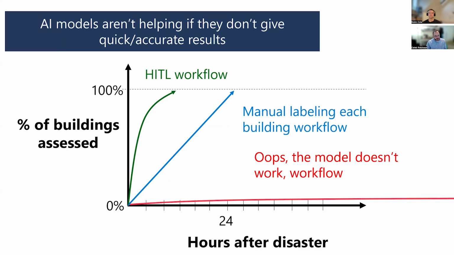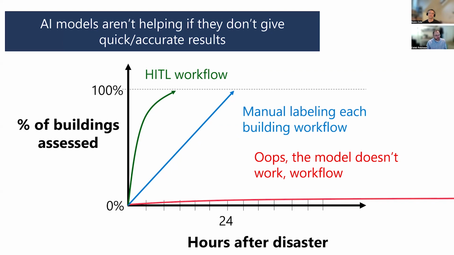When we started off with this work, we were trying to train models that would work under any conditions. And that really led us to this red line here, which is the model-doesn't-work workflow. You have this model, you get imagery from a new disaster, you try to run it, and the results just aren't where they need to be.